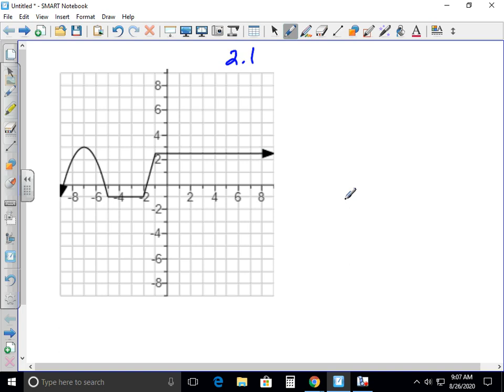When we're asked to list where we are increasing or decreasing, we're asked in which parts of our domain we are going up, down, or being constant.